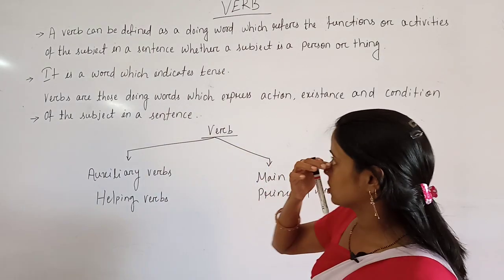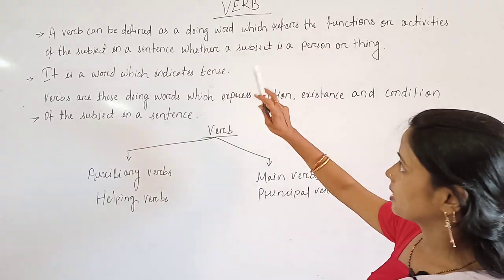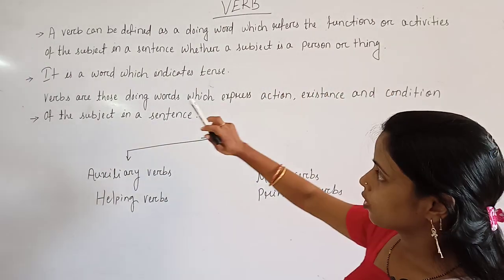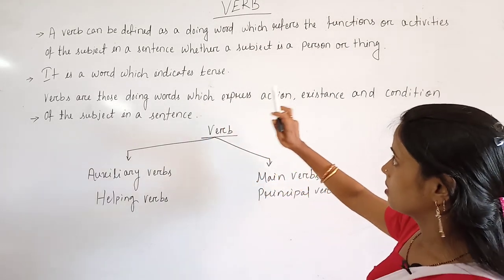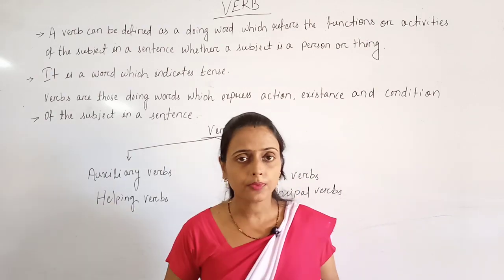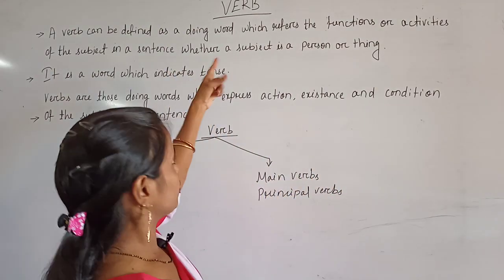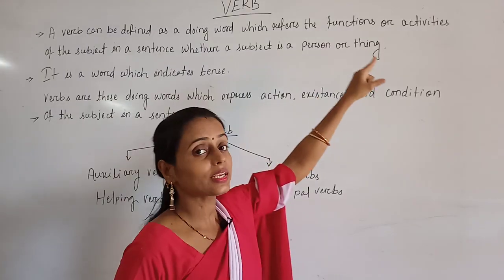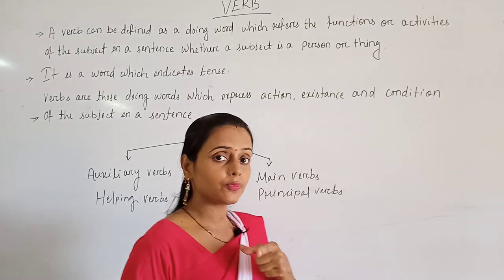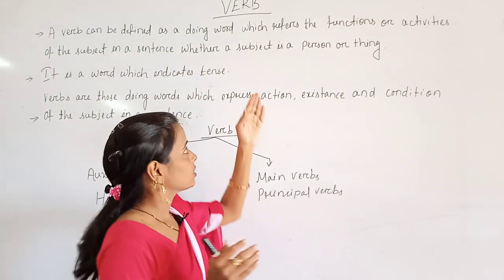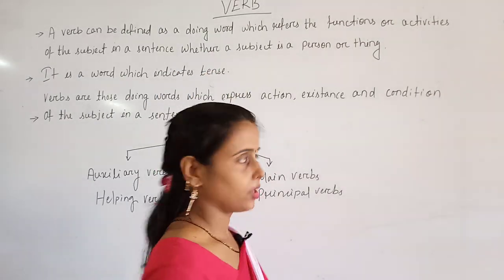A verb can be defined as a doing word which refers to the functions or activities of the subject in a sentence, whether the subject is a person or a thing.